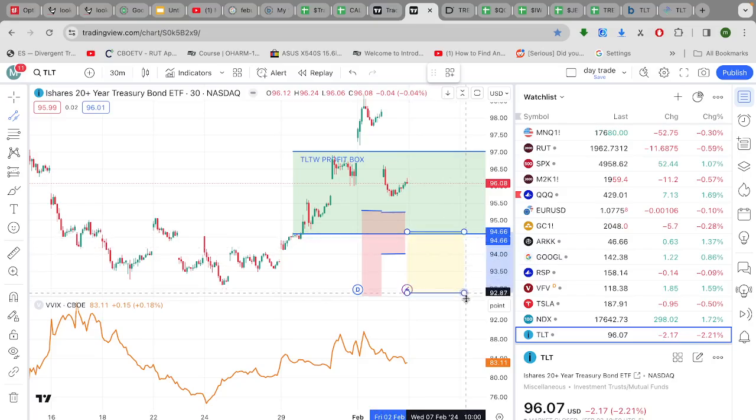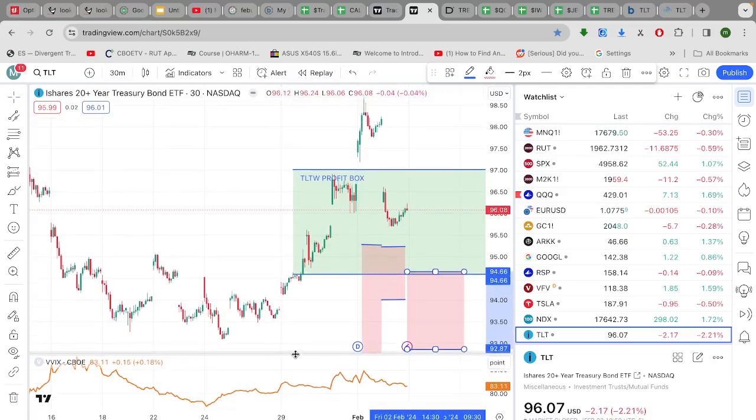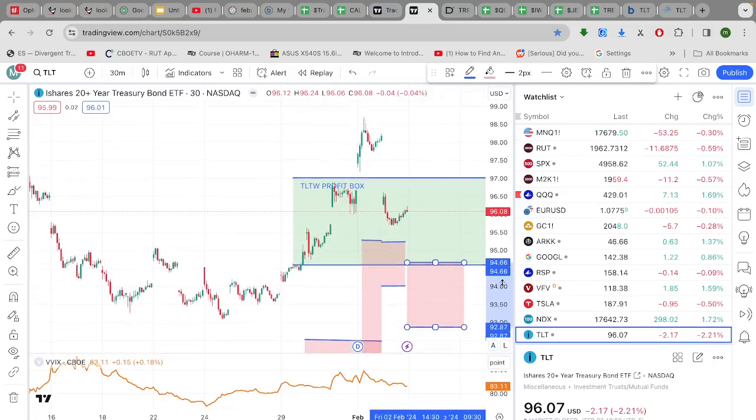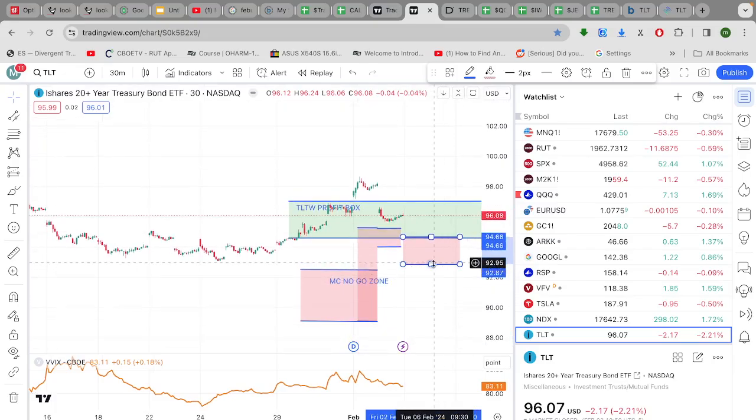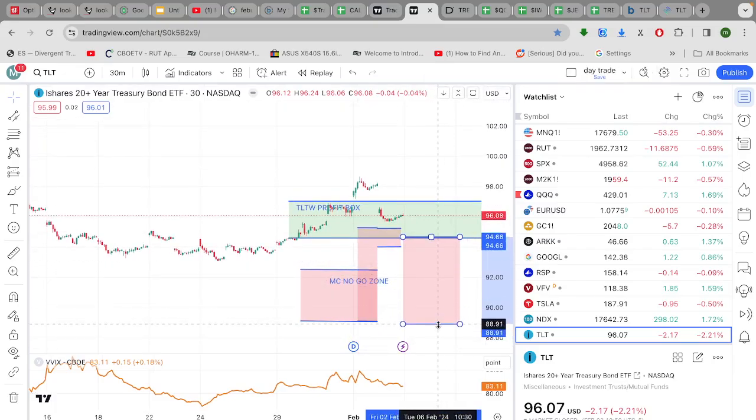It went down to like 89.40 or something. We need this Valley of Death to be red. All right. $89.